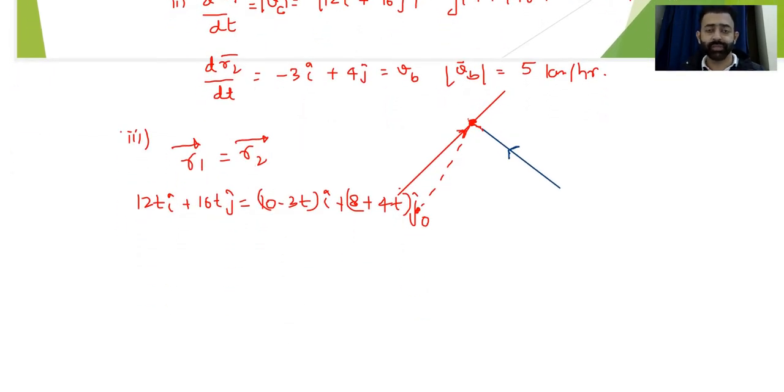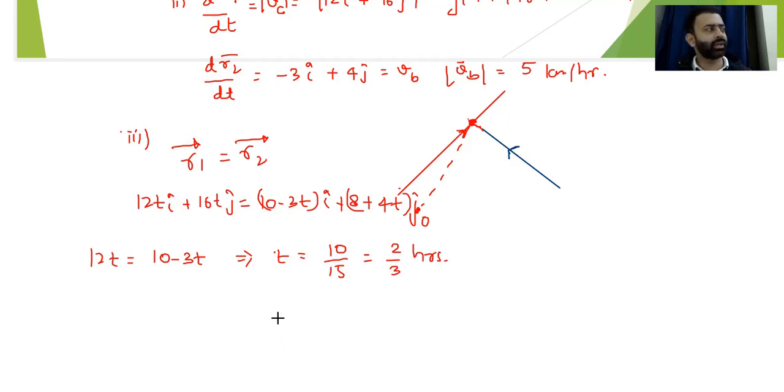If these have to be the same, that means the x component should be equal to x and the y component should be equal to y, right? That means 12t must be equal to 10 minus 3t. And if I find this from here, the value of t will be 10 by 15, which is 2 by 3 hours.